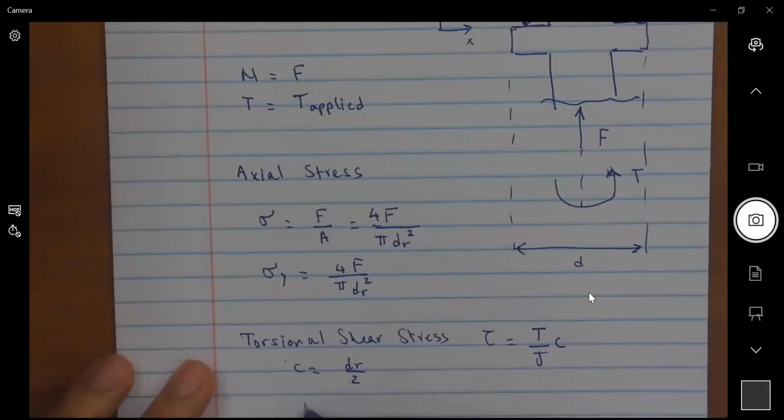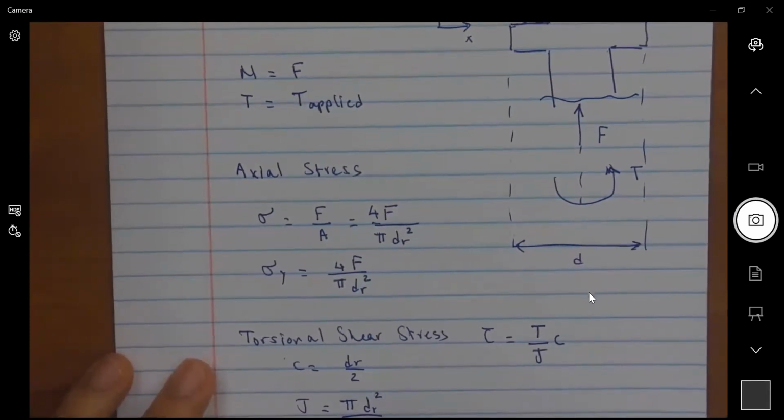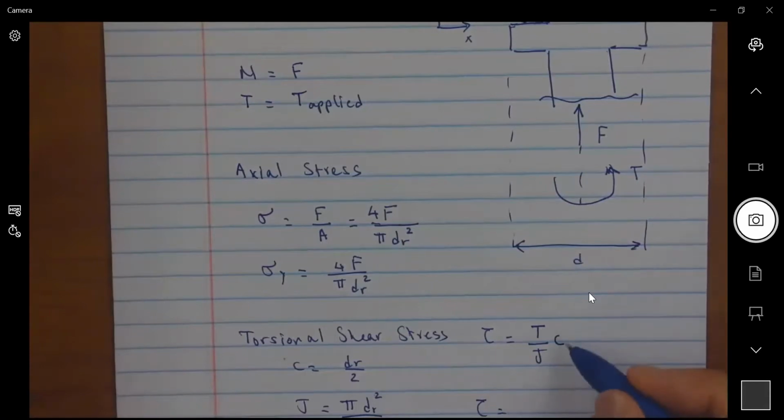right? And J for a circular section is equal to pi dr squared divided by 32 for J. So when I apply here, I can find tau to be equal to C is dr over 2.